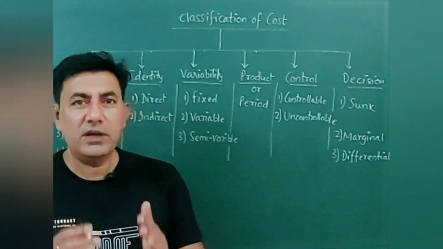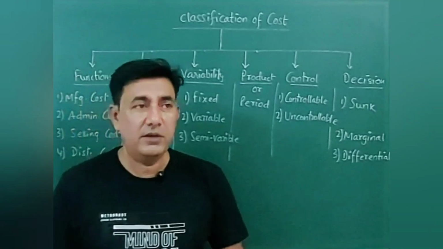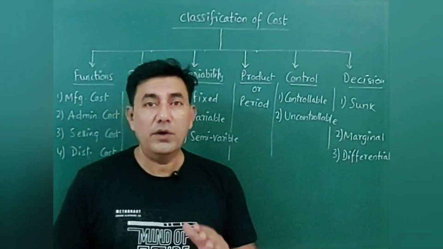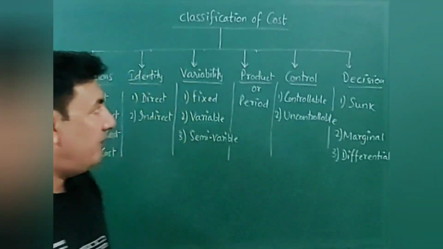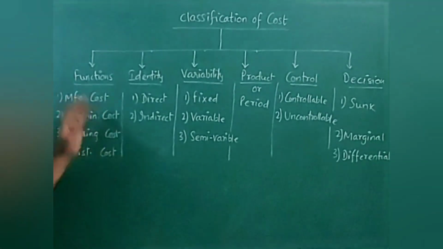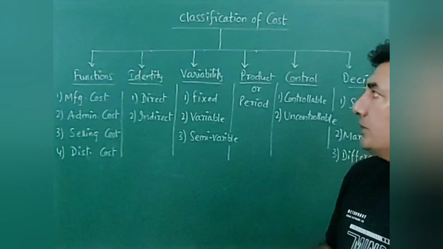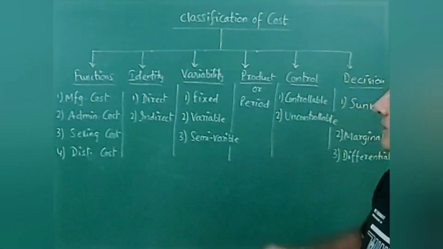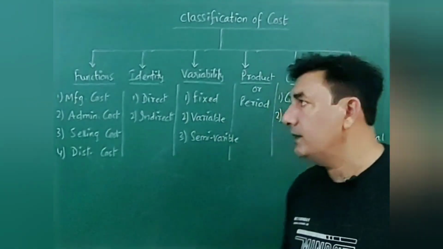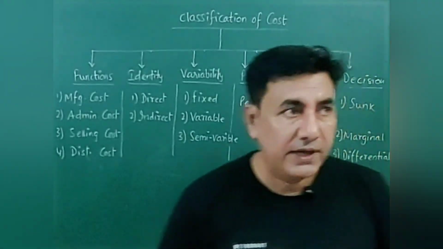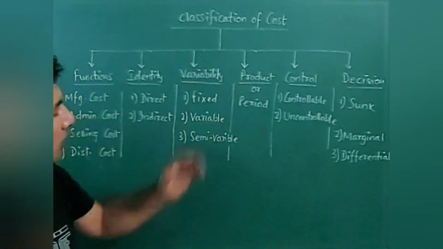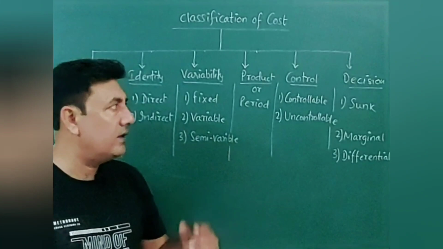Let's see what the different types of cost are that we consider in accounting or economics. Before we study the different types of cost, there are some categories on the basis of which costs are classified. First, on the basis of functions. Number two, on the basis of identity. Number three, on the basis of variability. Number four, on the basis of product or period.